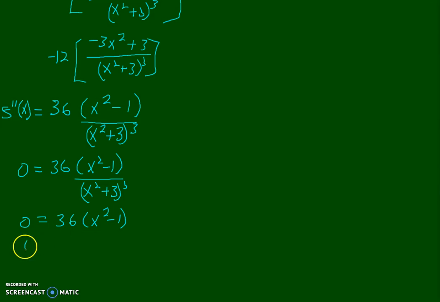Divide by 36, 0 equals x squared minus 1. X is plus or minus 1. So the second derivative is going to be 0 at negative 1 and 1.